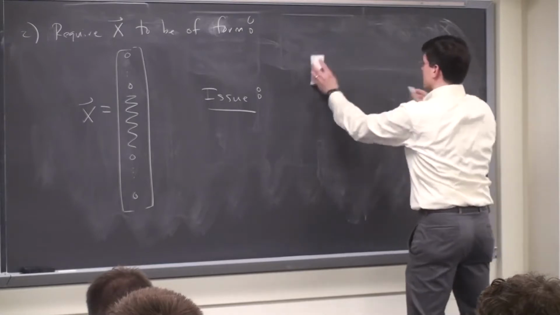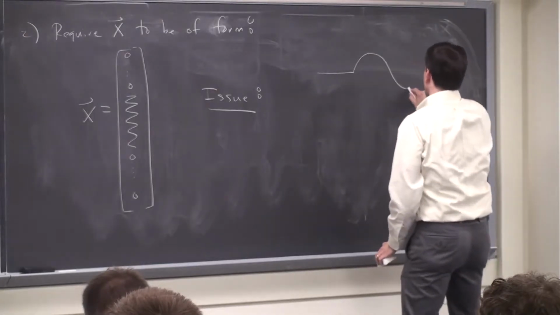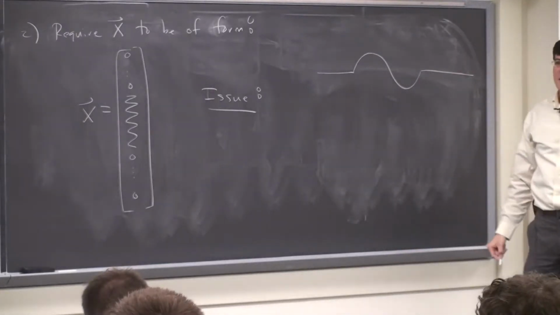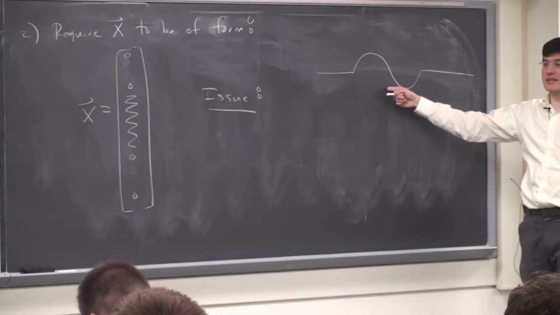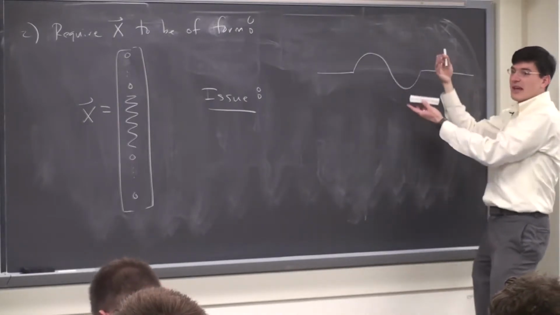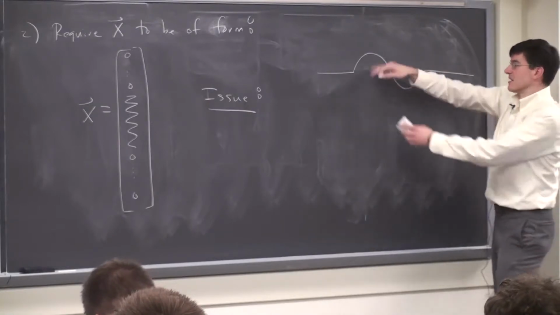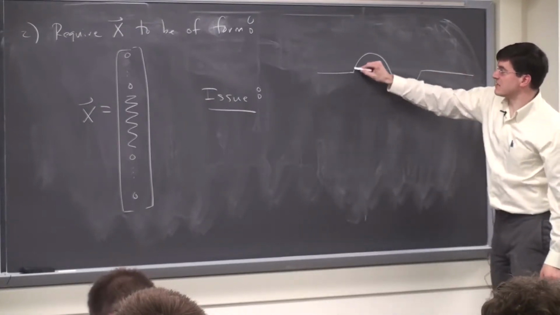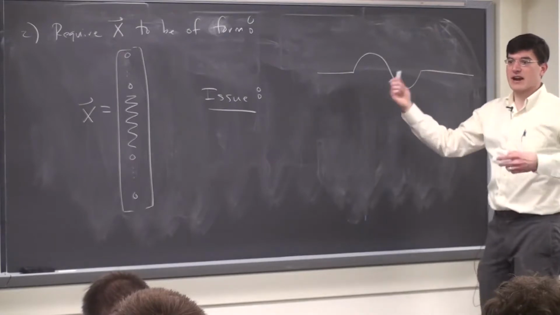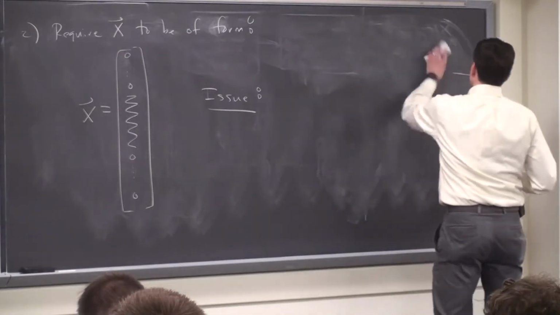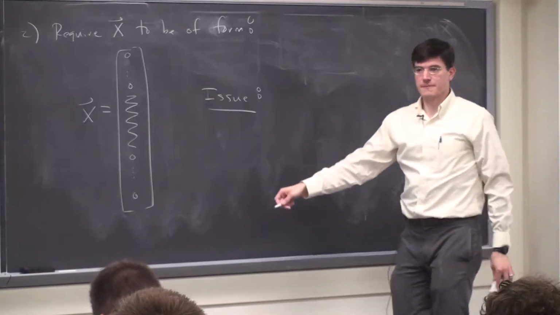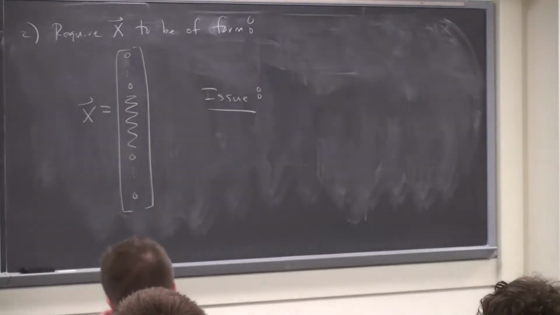If this is your signal, that is not an eigenfunction. What comes out of an LTI system, if that's the input, is not going to be this thing just scaled and delayed. The transients here will get filtered by the channel in weird ways. You'll get something that looks different. So this doesn't work either, at least not easily.